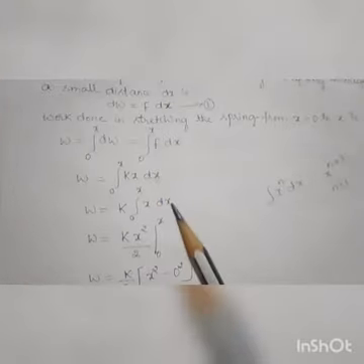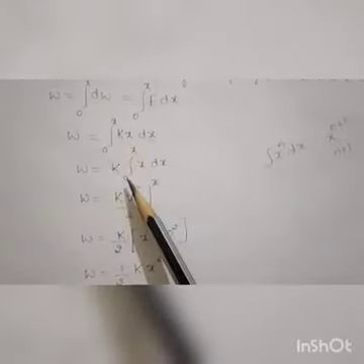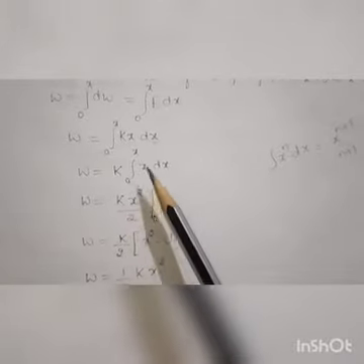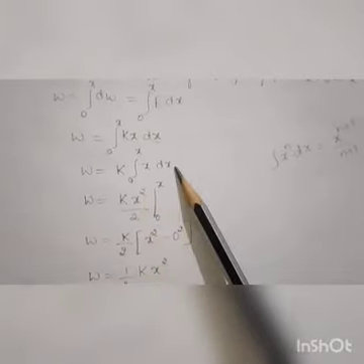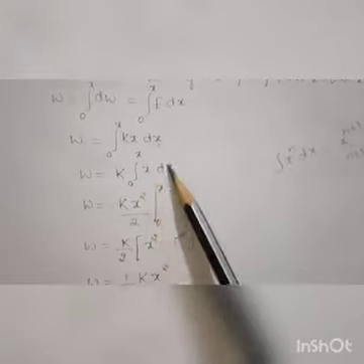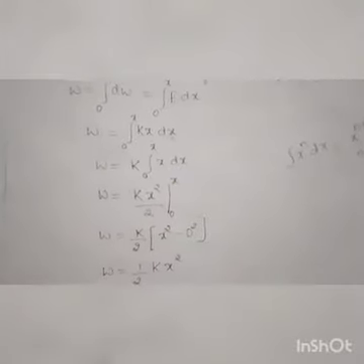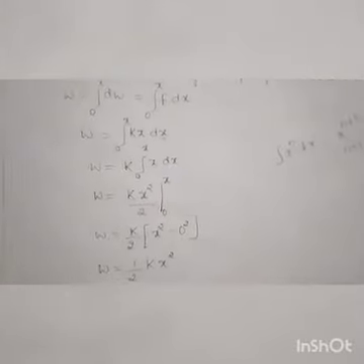Other terms are constants, so they are taken outside. Now W equals k times the integral from 0 to x of x dx.